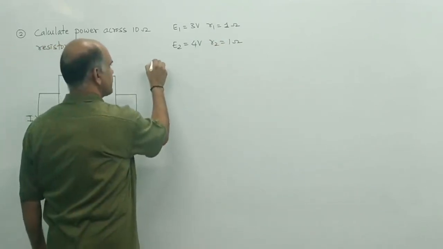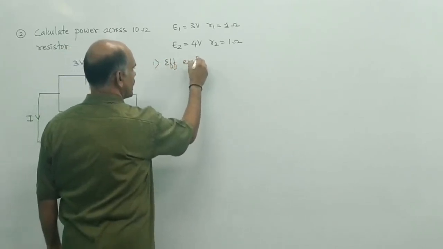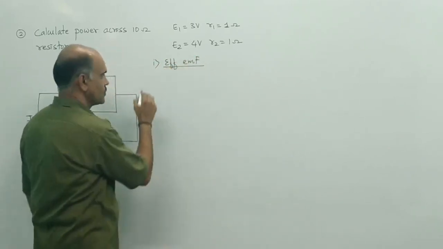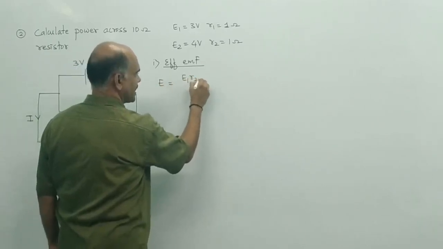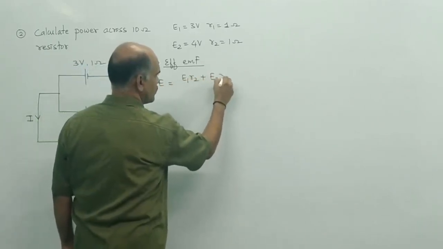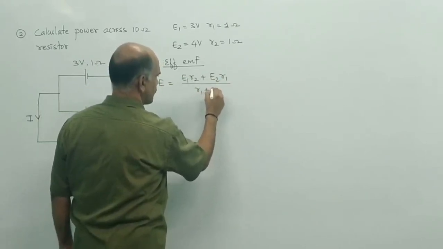So again same steps as we have solved. First step, find effective EMF. Formula is E is equal to E1 R2 plus E2 R1 divided by R1 plus R2.